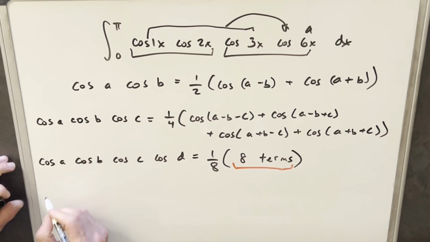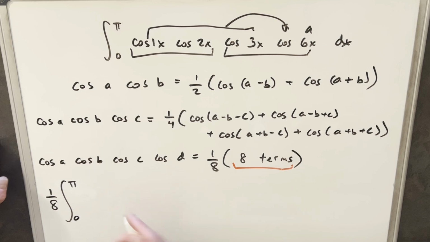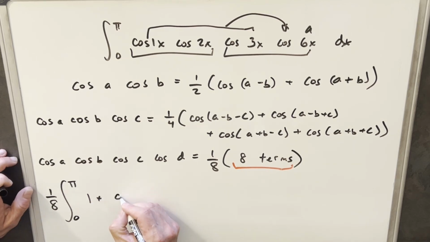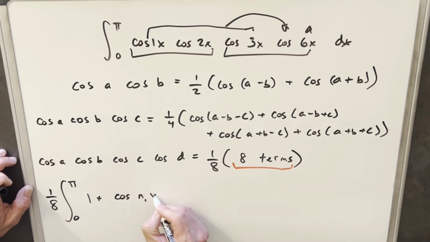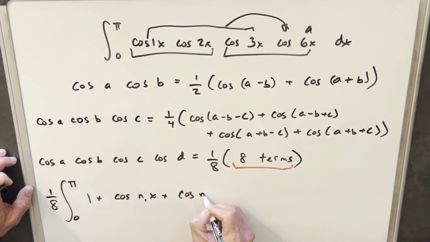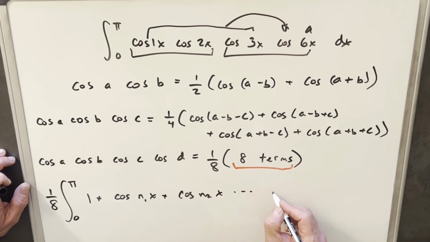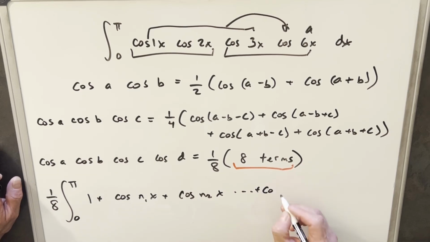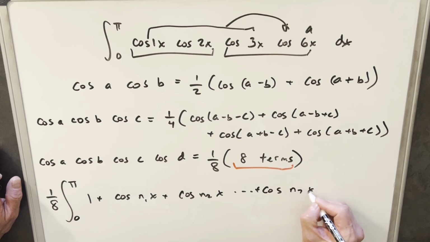We can take our 1/8, same bounds. One of the terms is going to be 1, but then what about the other 7 terms? Well, I'm not going to bother to calculate those, but we're just going to have a bunch of values that I'm not going to worry about. So we'll say cosine n1x, cosine n2x, all the way to cosine n7x.